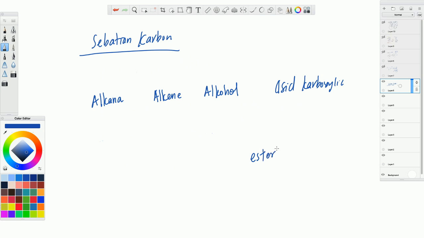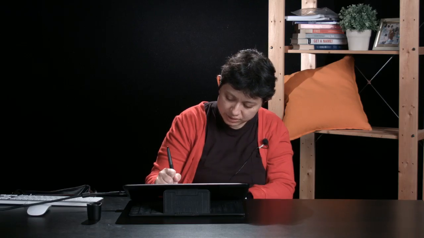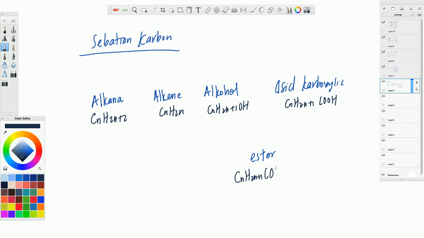Alkana, CnH2n plus 2, alkena CnH2n, alcohol CnH2n plus 1 OH, acid carboxylic CnH2n plus 1 COOH. Ester, biasanya tak tanyalah, but if you want to know, it is CnH2n plus 1 COO CmH2m plus 1.